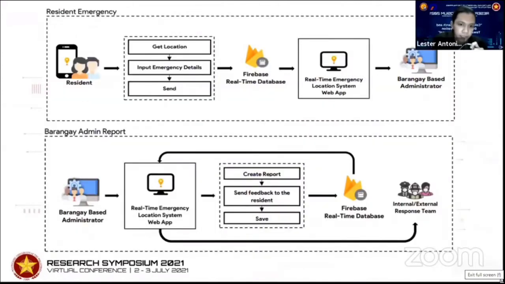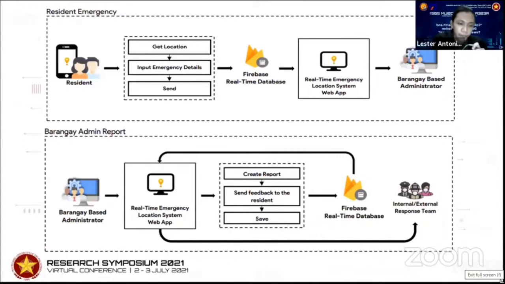This is the more detailed part of the system architecture, the resident emergency. The resident will send his or her location, input emergency details, and then send. After that, all the data will be redirected to the database and also to our barangay-based admin app. Next is the barangay admin report.